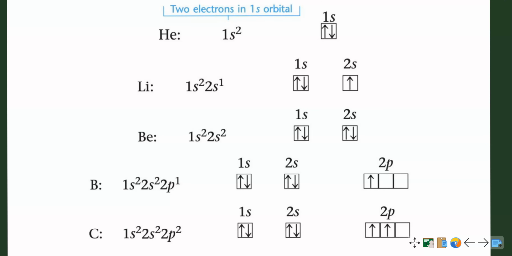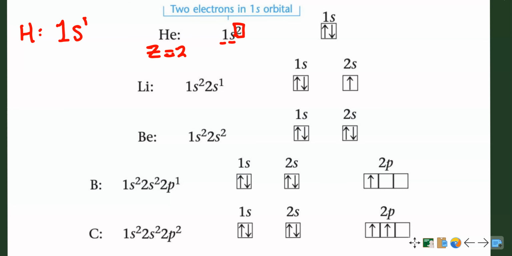Now, let's go ahead and take a look at some of these things right here. Here I have 1s2. This is helium. Helium has an atomic number, or Z, of 2. Just for reference, hydrogen's electron configuration is 1s1.